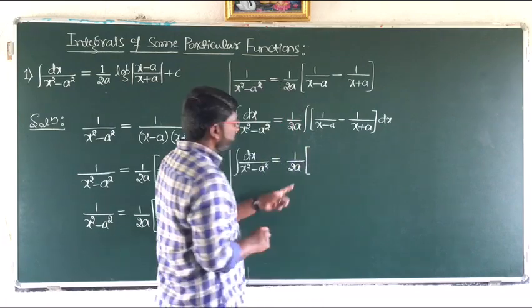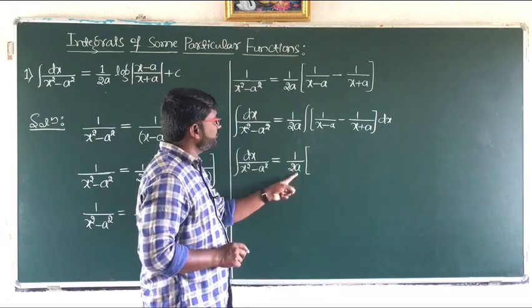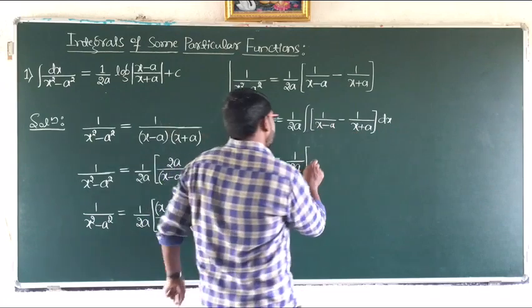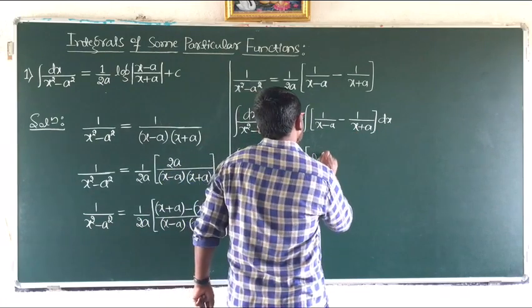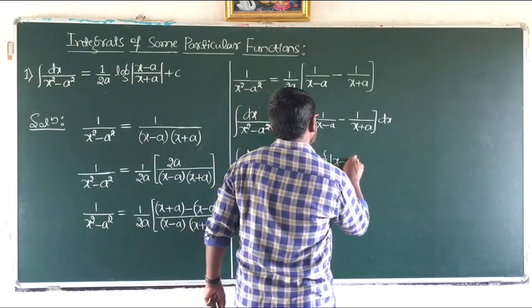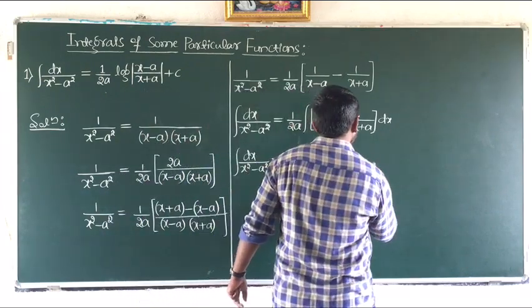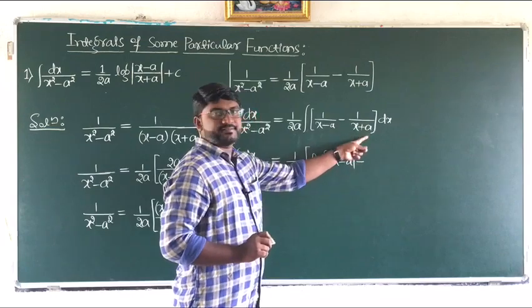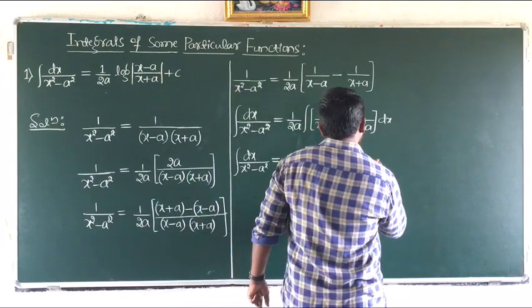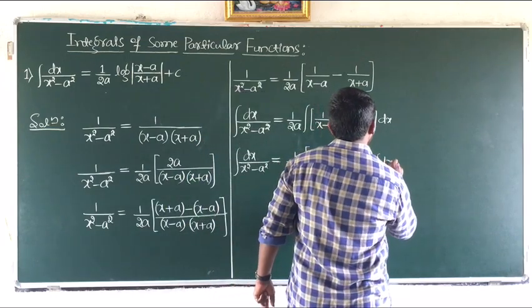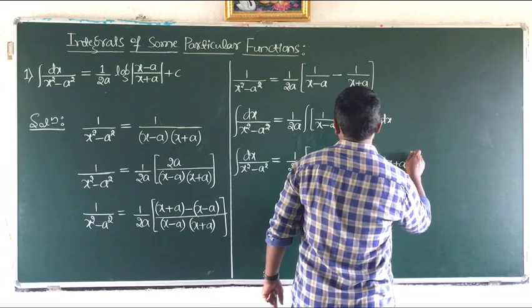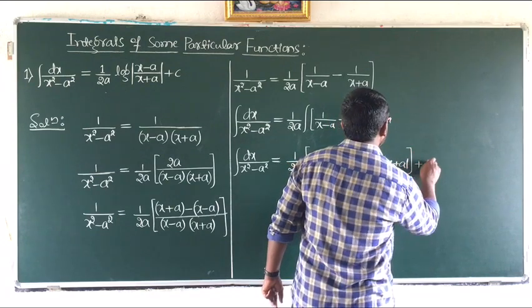Here we have to put the bracket because 1 by 2a is related to both the terms. We get log mod x minus a, then minus, again this is in the form of 1 by x, it will be log mod x plus a, close the main bracket, plus c.